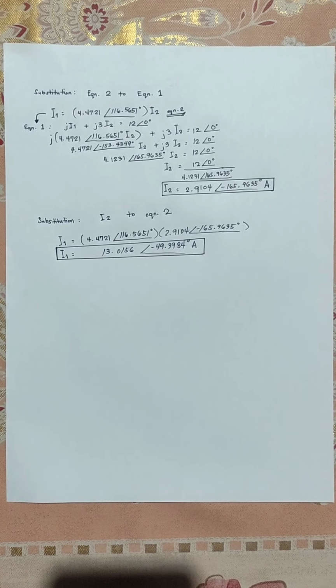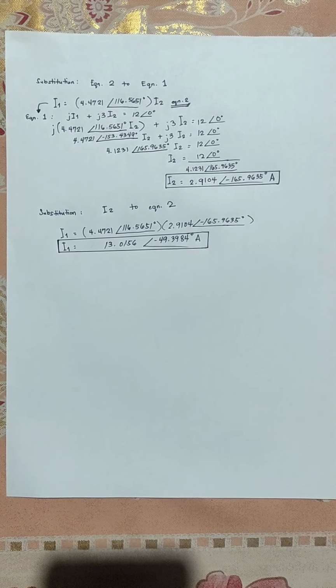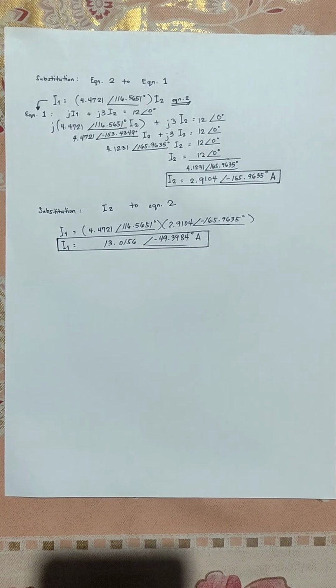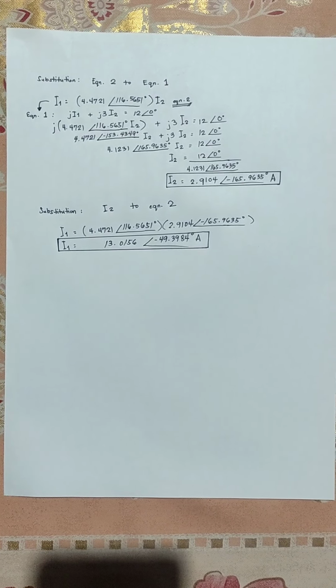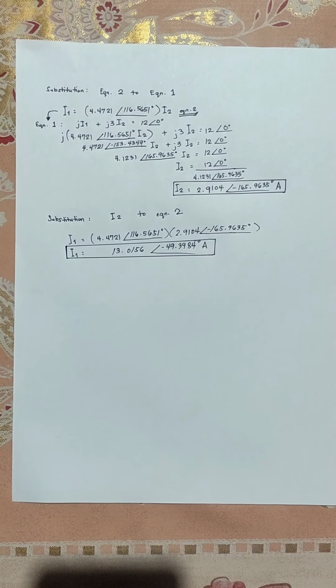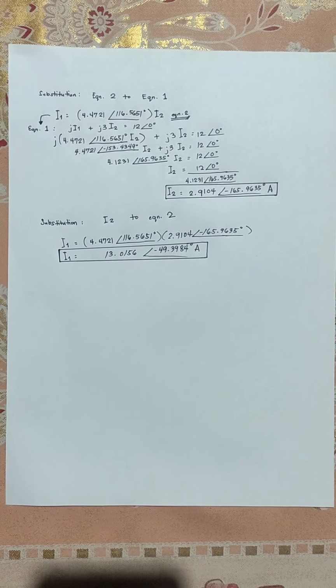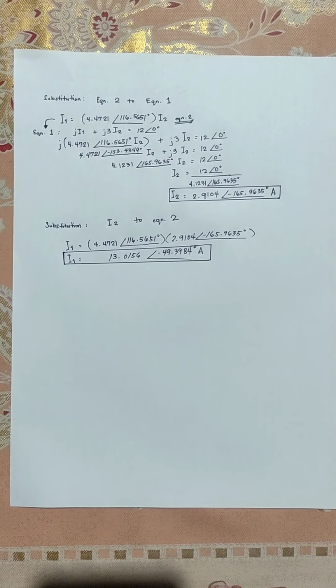Now we will substitute equation 2 into equation 1. We have equation 2: I1 equals quantity 4.4721 angle 116.5651 degrees I2. And equation 1: J I1 plus J3 I2 equals 12 angle 0 degrees.